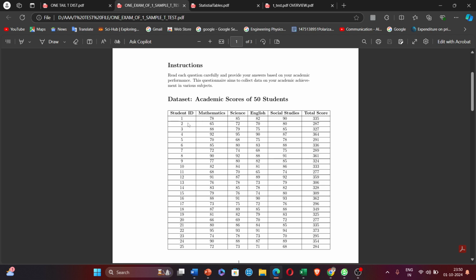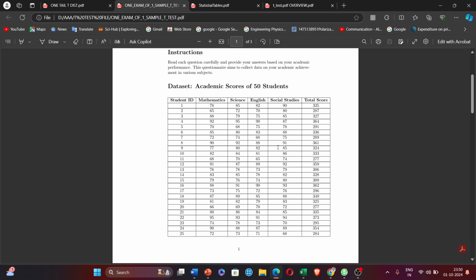This is the student serial number, student ID, and the first student scored 78 in mathematics, 85 in science, 82 in English, and 90 in social studies. So the overall score is 335 for the first student. The second student also scored in this way.